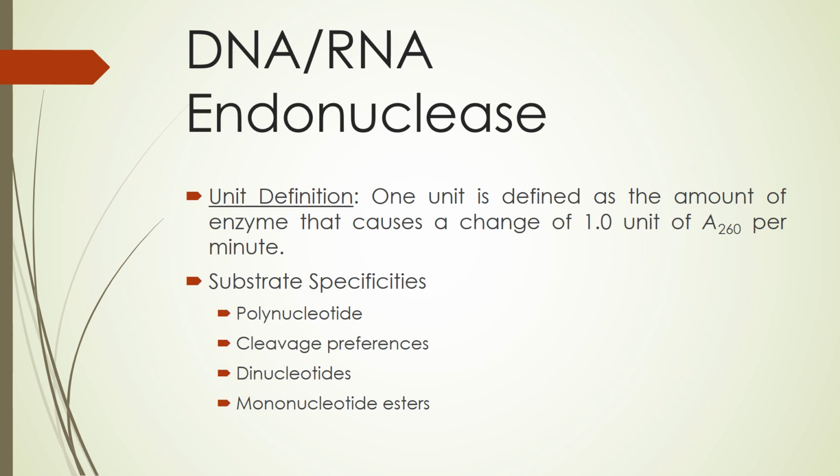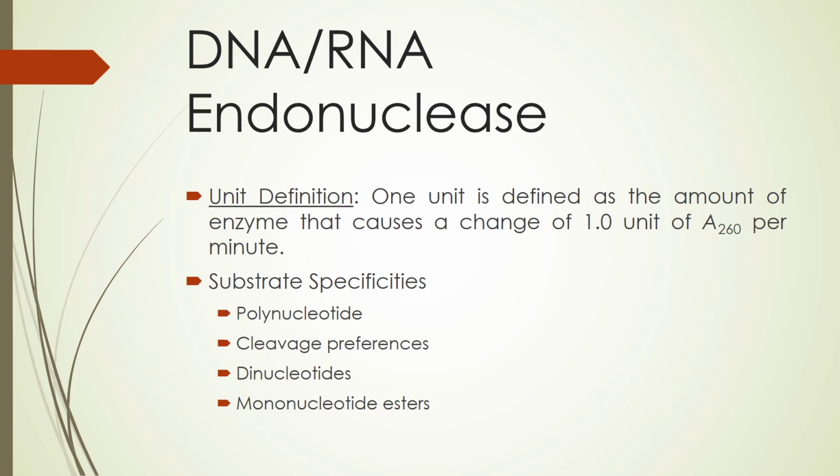In short form, it is written as SNase, and it is a monomeric enzyme with both endonucleolytic and exonucleolytic activities. Now we come to the international unit definition that is written here. Now we directly come to the substrate specificity.